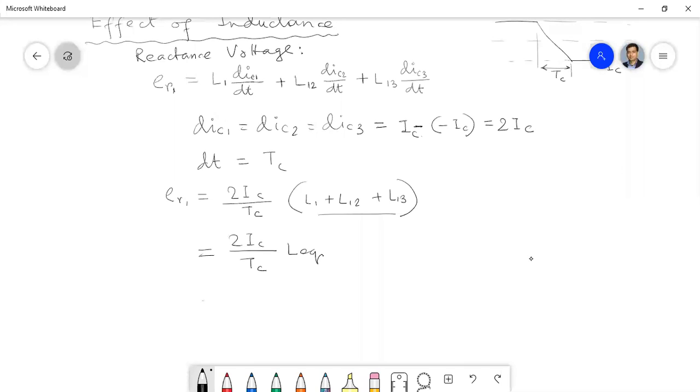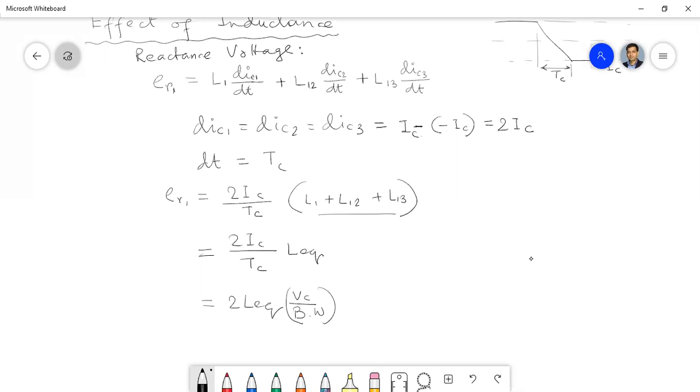So we can also write it like this: 2 L eq. And what is TC? We know TC is nothing but, sorry, DC by BW, because we are getting 1 by TC.